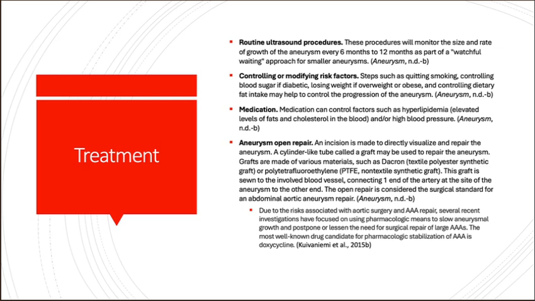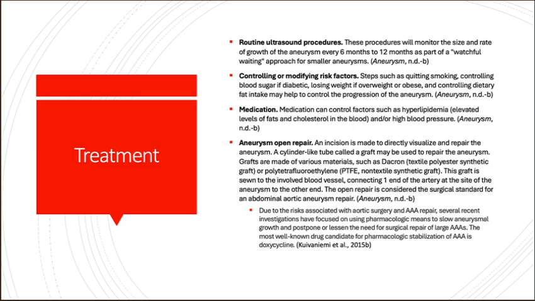In severe cases, there are open aneurysm repairs, which is a surgery essentially to go in and visualize and repair the aneurysm. There's a couple different ways that they can do this. There's grafts, there's various things that they can sew into the blood vessel that can help strengthen that wall. And it's considered a standard for an abdominal aortic aneurysm repair.